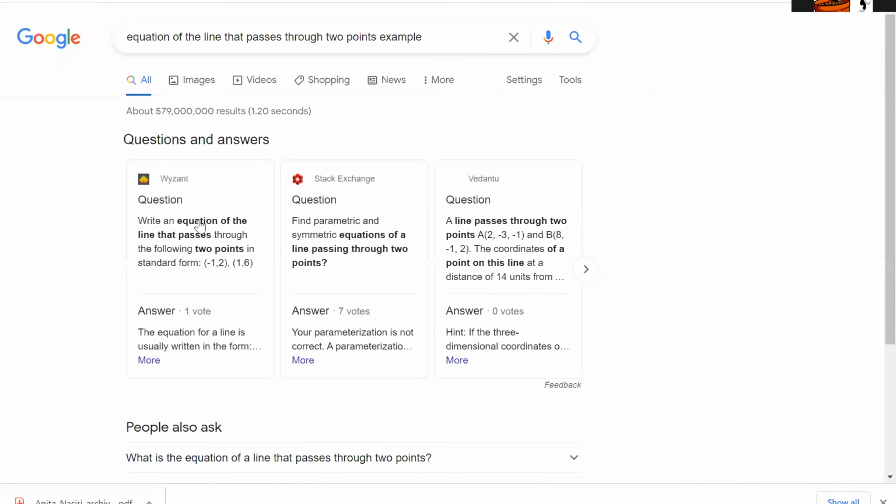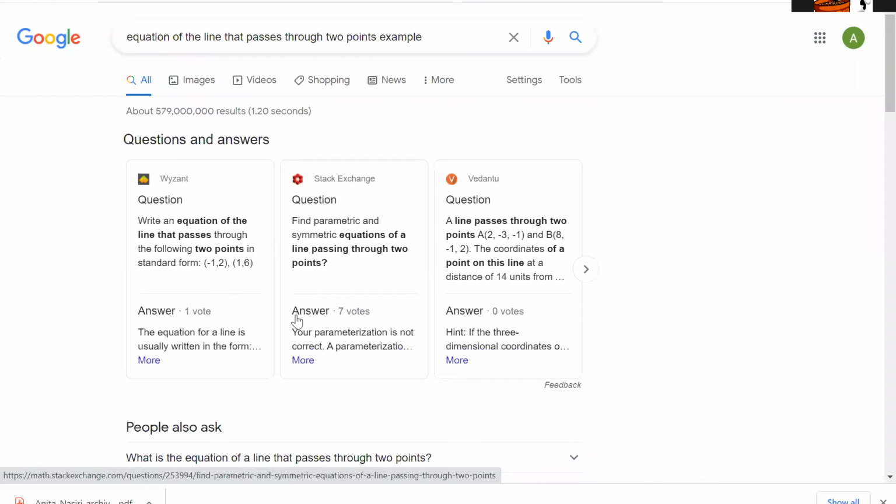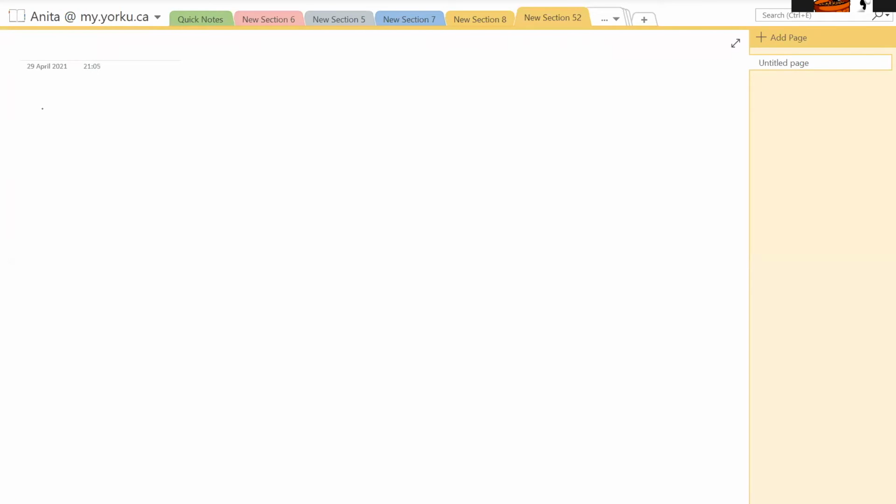Well, let's take this. Write the equation of the line that passes through -1 and 2 and 1 and 6. So point A is -1 and 2, and point B is 1 and 6.